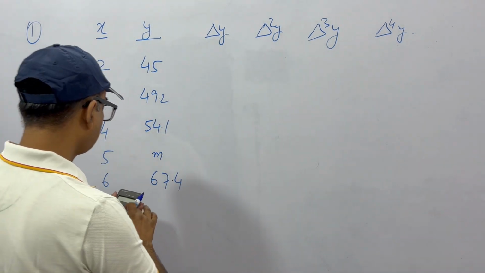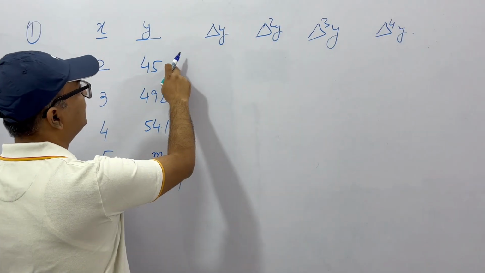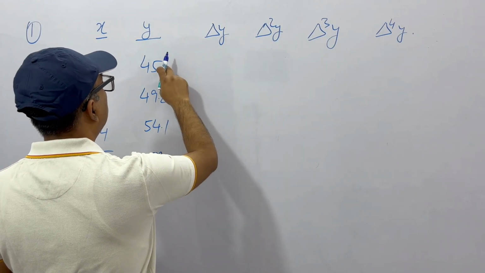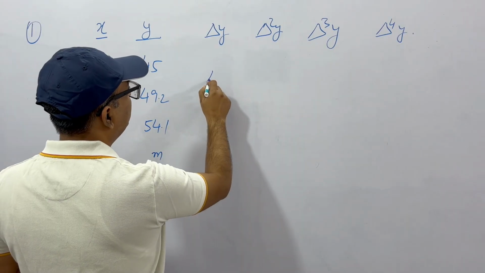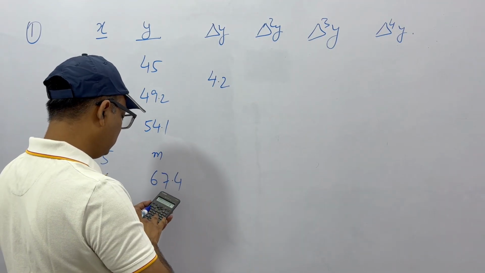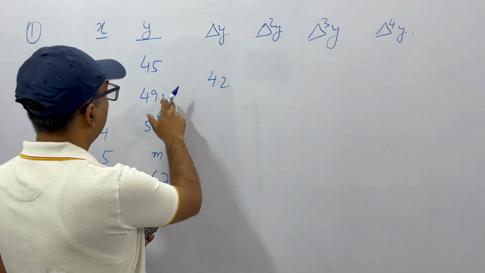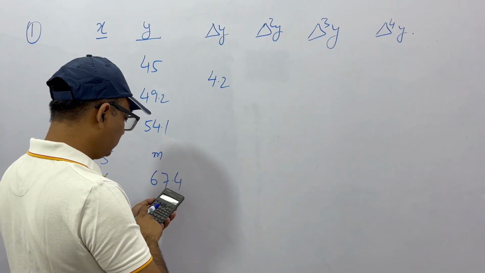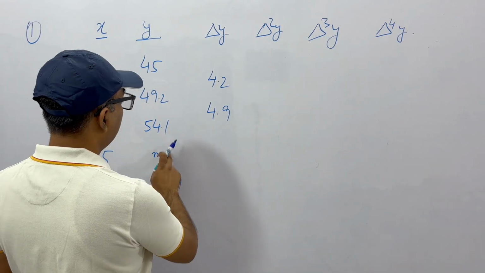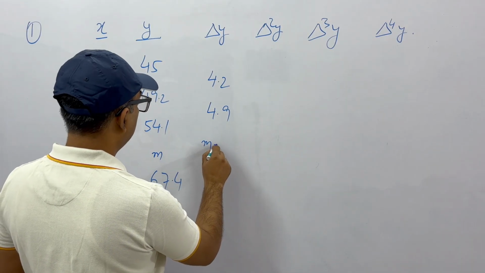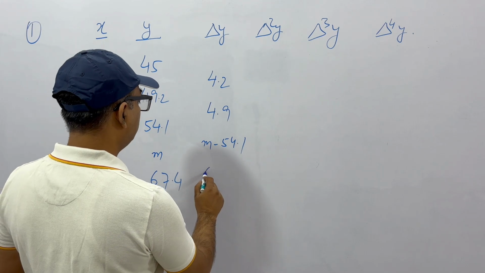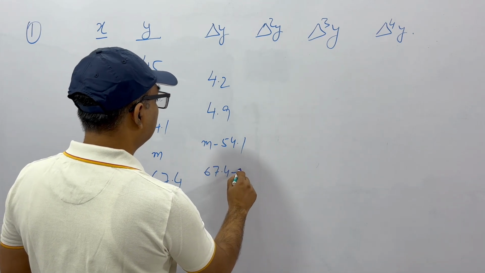See, delta y is this minus this, the first difference. This is 49.2 minus 45, that is 4.2. This is 54.1 minus 49.2, so this is 4.9. This is m minus 54.1 and this is 67.4 minus m.